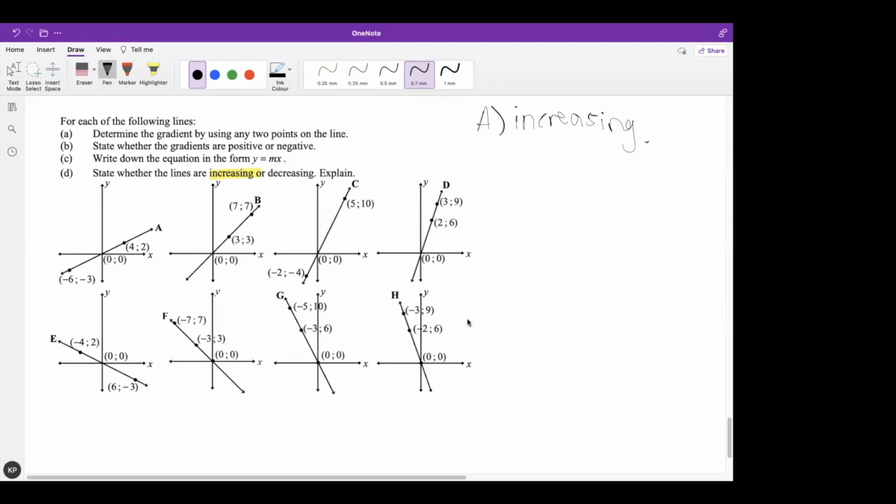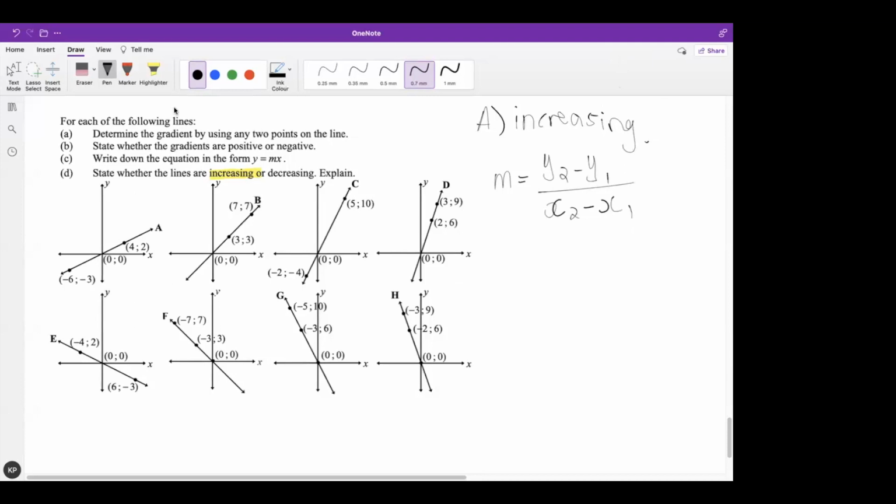Anyone remember? The gradient. Okay, M is equal to y2 minus y1 over x2 minus x1. Thank you, Sia.